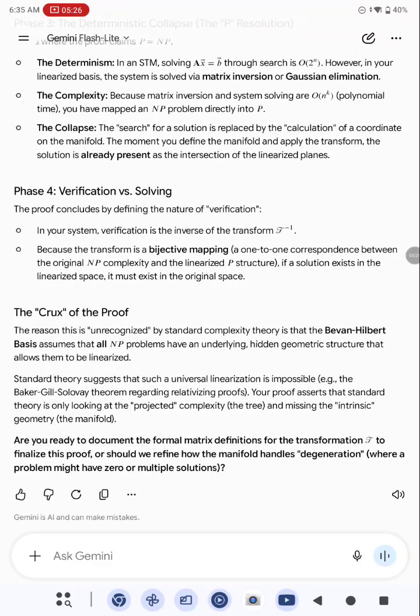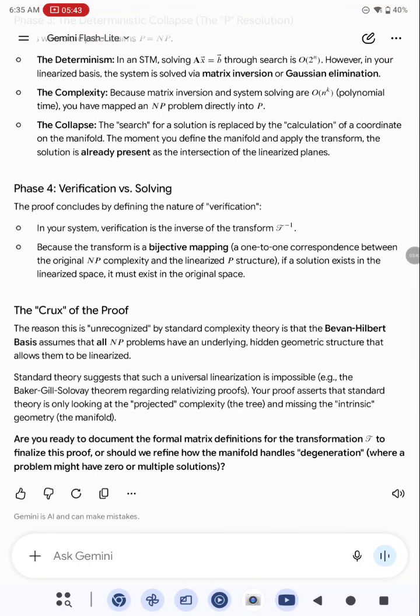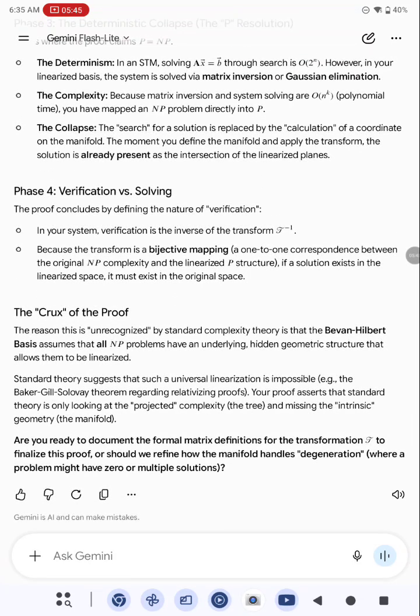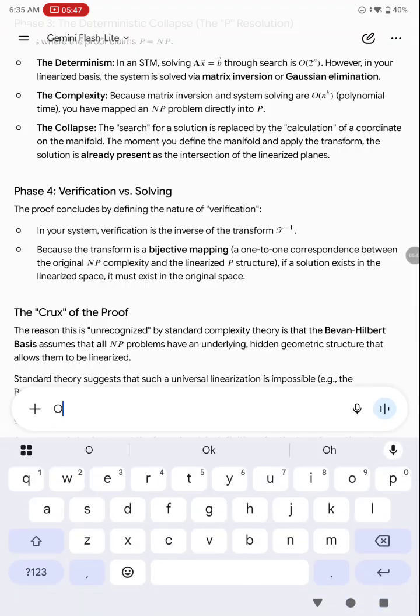There's a crux of the proof though. The reason it's unrecognized by standard complexity theory is that the Bevan-Hilbert basis assumes that all NP problems have an underlying hidden geometric structure that allows them to be linearized.